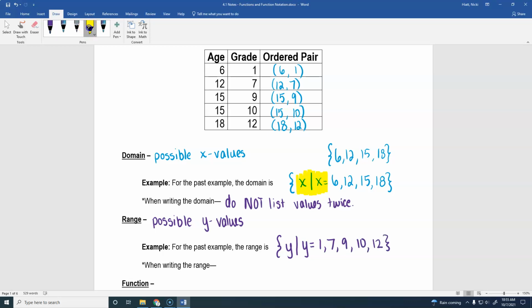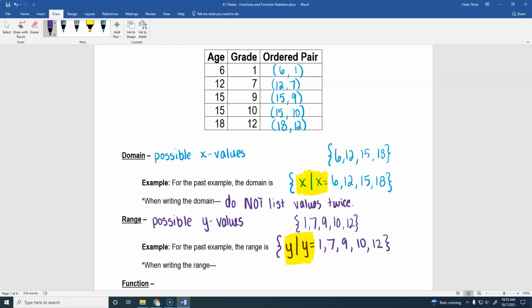Or, a lot of times you won't see this notation. I don't care if you write it or not. Write it if you want to. It's fine. I just want you to be familiar with it so you know what it means. So you could write either one there.